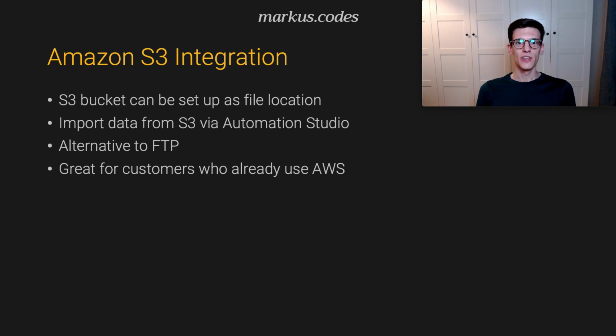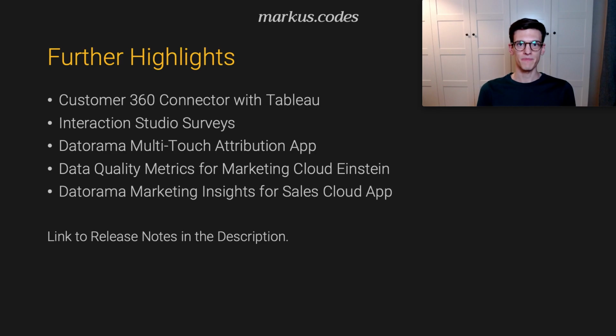But in that case, you'll set up an Amazon S3 bucket, and if you're already using S3 it's a great addition to import data from there instead of having to move it to an FTP server and then doing the import. So it's something that can be used within Automation Studio, and in my opinion, it's a great addition to the platform and to the integration options you have with external systems.